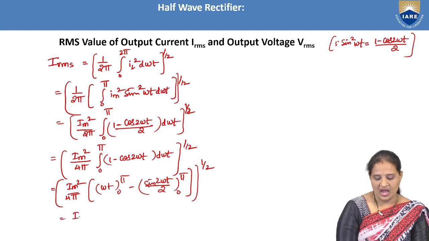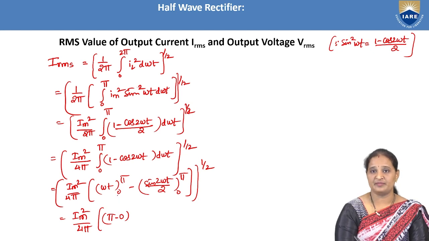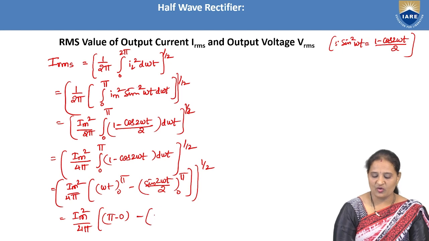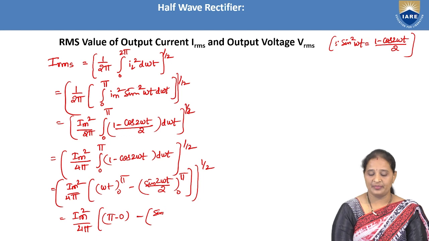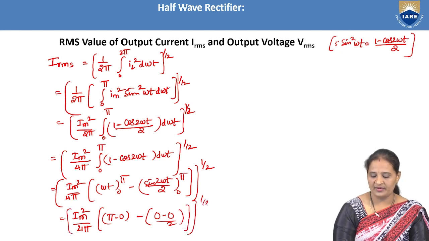So now Im square divided by 4 pi. Here pi minus 0, we are just substituting the limits: upper limit minus lower limit. Minus sine 2 omega t by 2: sine pi is 0, minus sine 0 is also 0, divided by 2, whole to the power of 1 by 2.